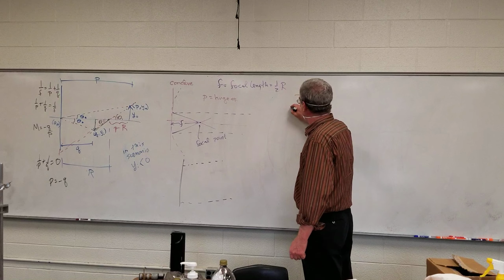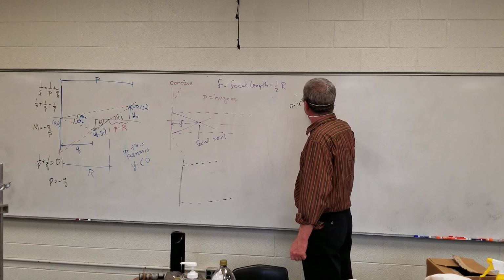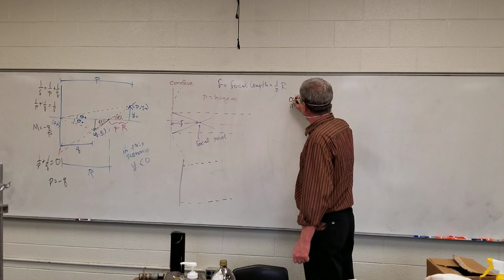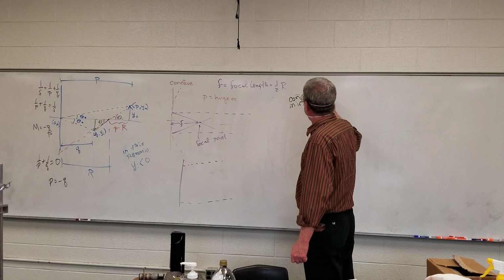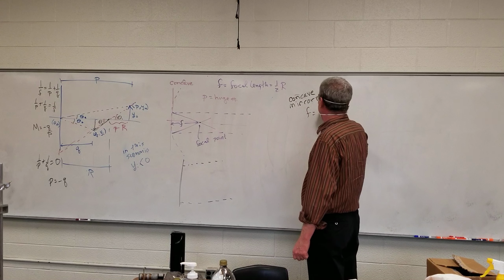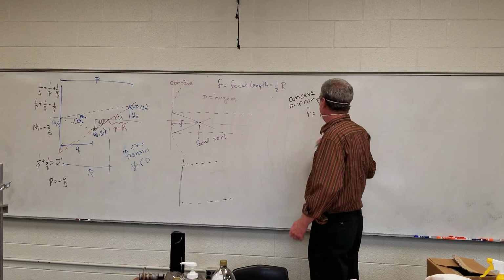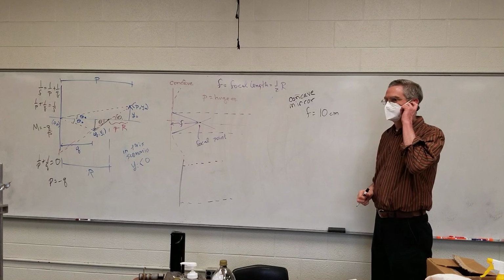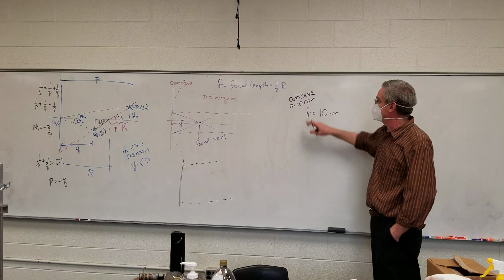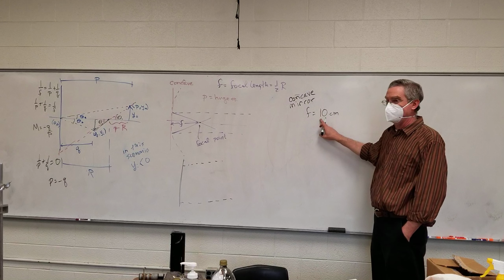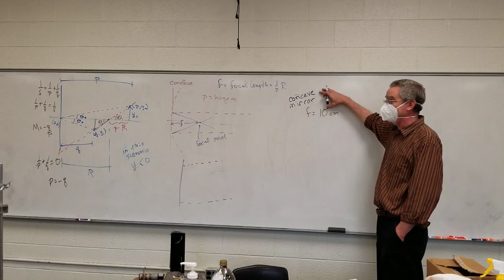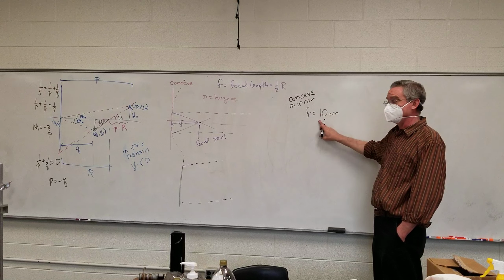So if I have a concave mirror, the focal length is, we'll make it 10 centimeters. One thing I want to point out: the fact that it's a concave mirror and the fact that the focal length is positive go hand in hand. If it's a concave mirror, the focal length is positive.